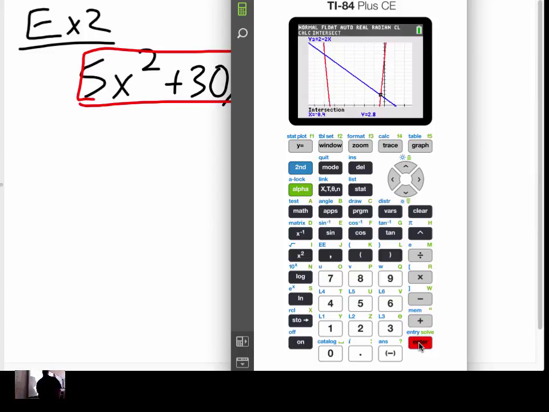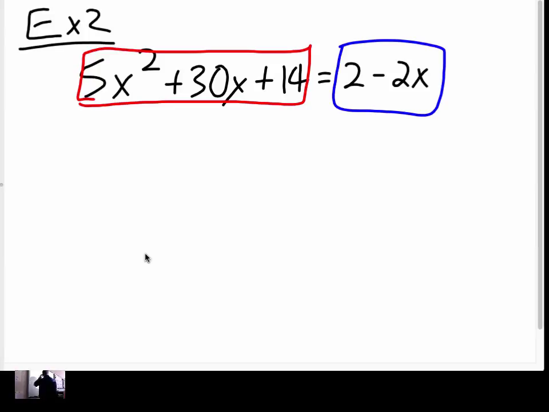But now let's do some algebra to double check. We said that it was -6 and negative 0.4. Remember, if I make it look like ax squared plus bx plus c equals 0, then I can do that factoring thing. Most of these problems will be rigged up until we do the quadratic formula.